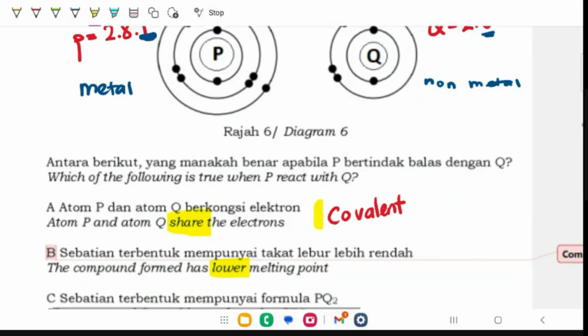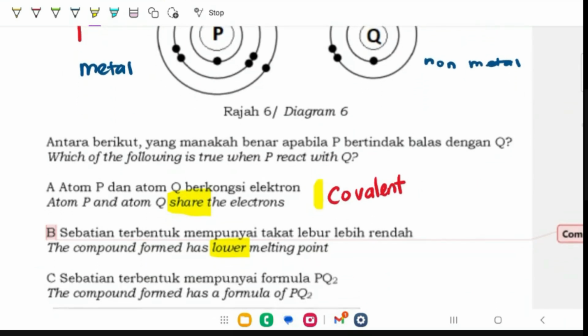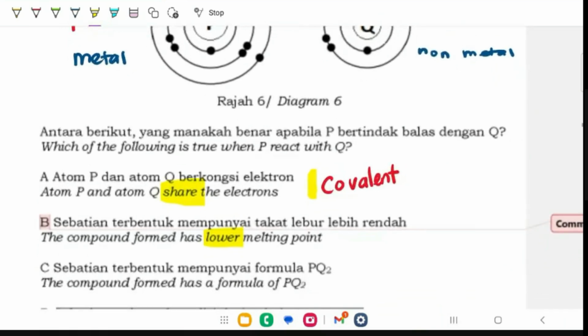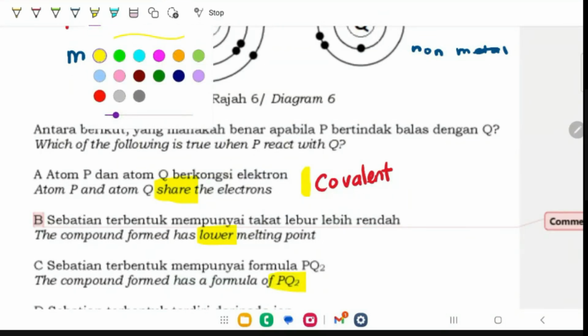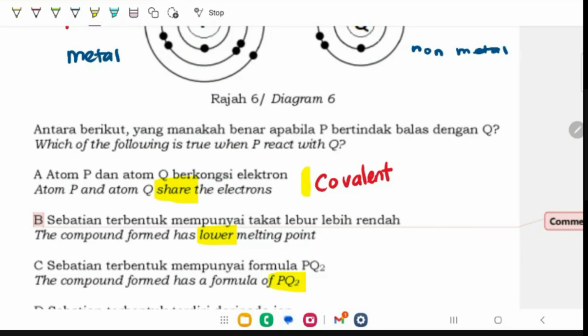Now C: the compound formed has a formula of PQ2. Correct or not, class? Not correct. The correct one should be what?